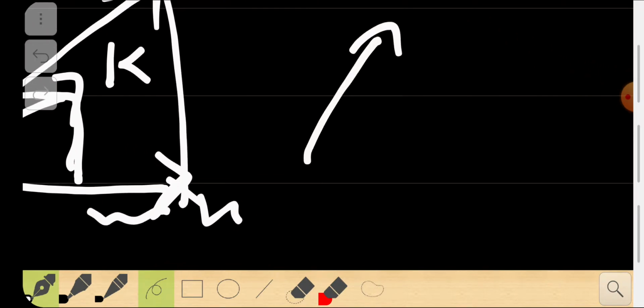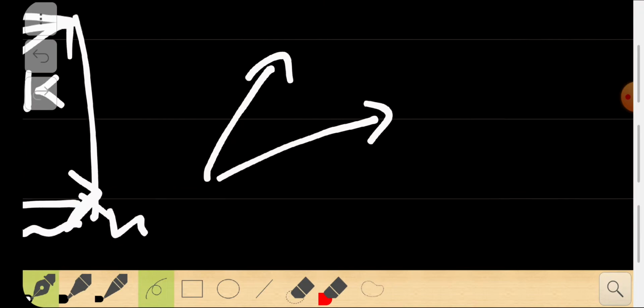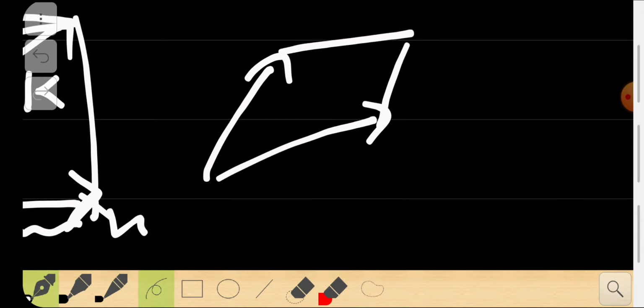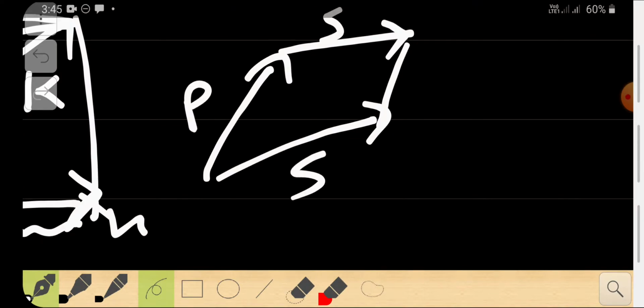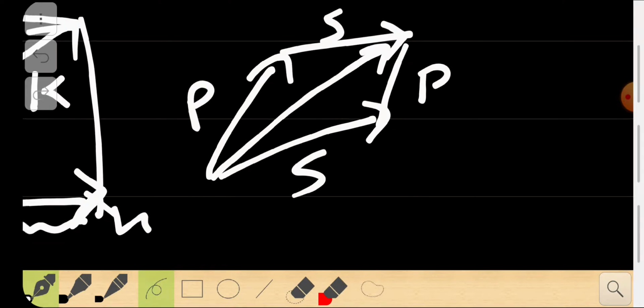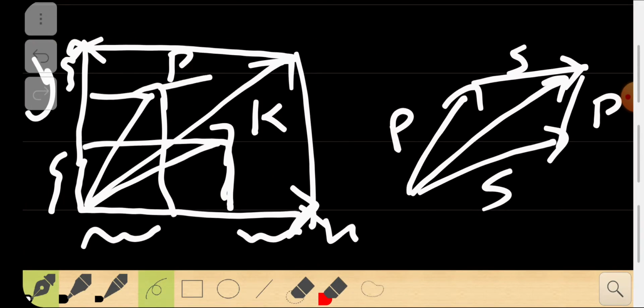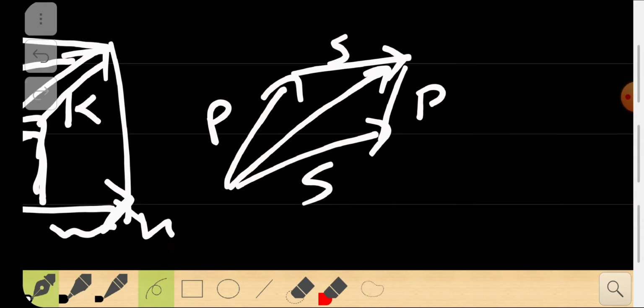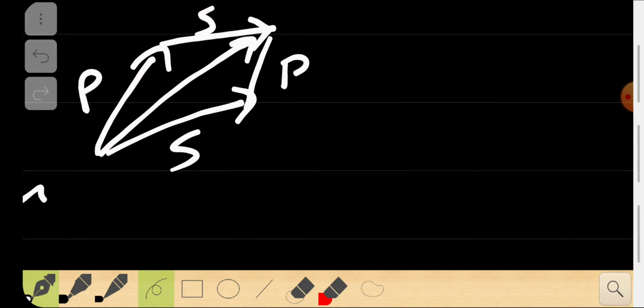If you have two vectors, you can draw a parallelogram with s and p, then draw a line in between, and say that's the resultant vector. That's the same thing as here. We can draw a parallelogram and say that's the resultant. This is called the parallelogram law of vector addition.